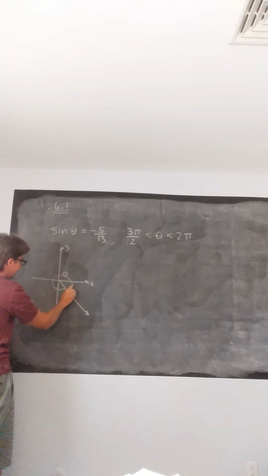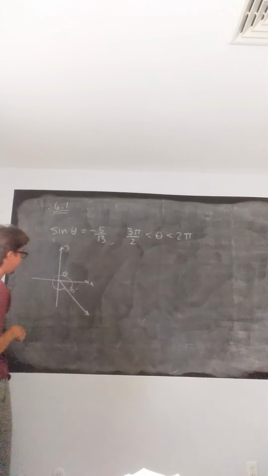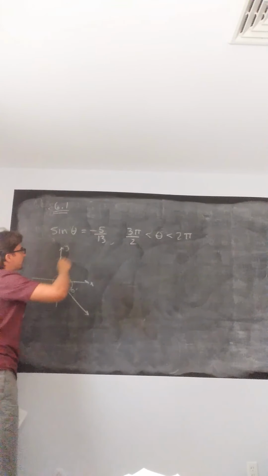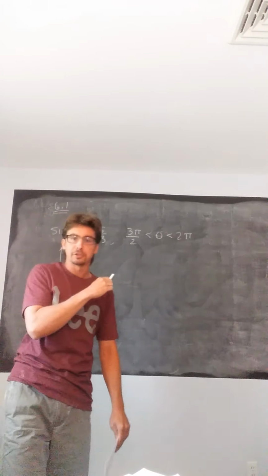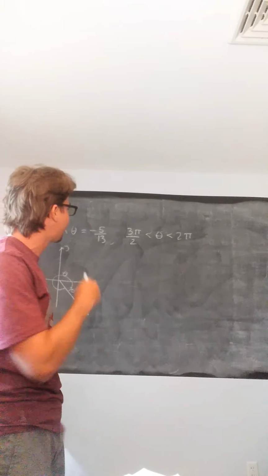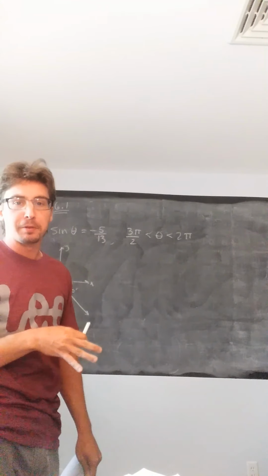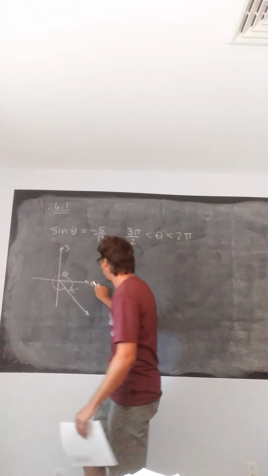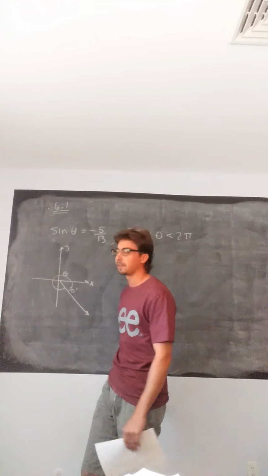And technically on the inside, that's theta prime. But we answer only to theta here. So we have to figure out the remaining trig functions based on this knowledge that sine is negative 5/13 and theta ranges between 3 pi over 2 and 2 pi. So there's a couple ways you could do it because you've seen something like this before.